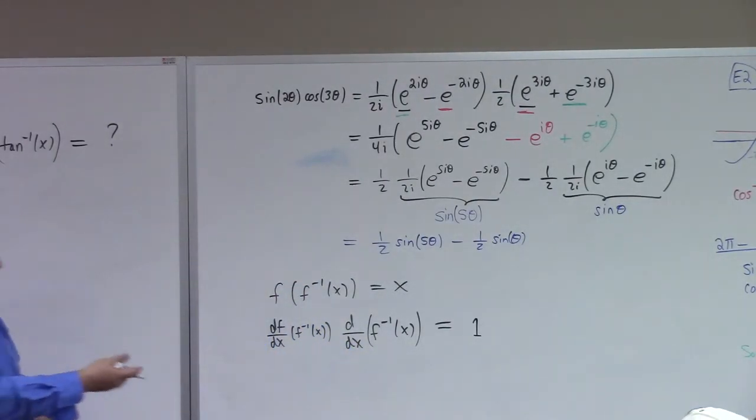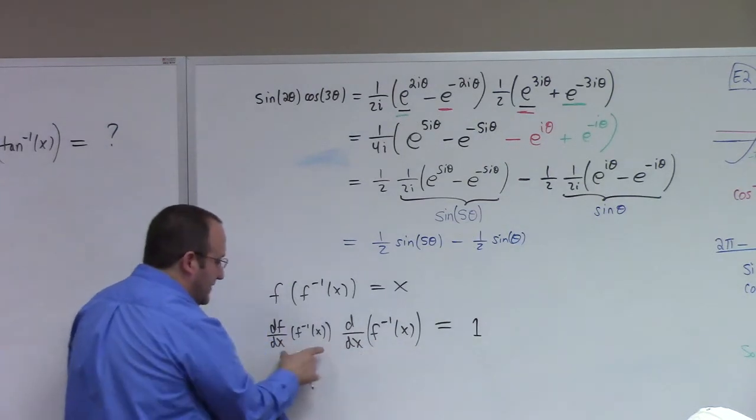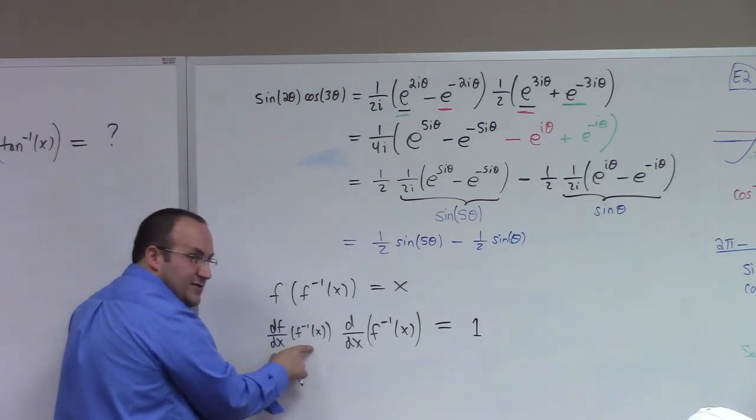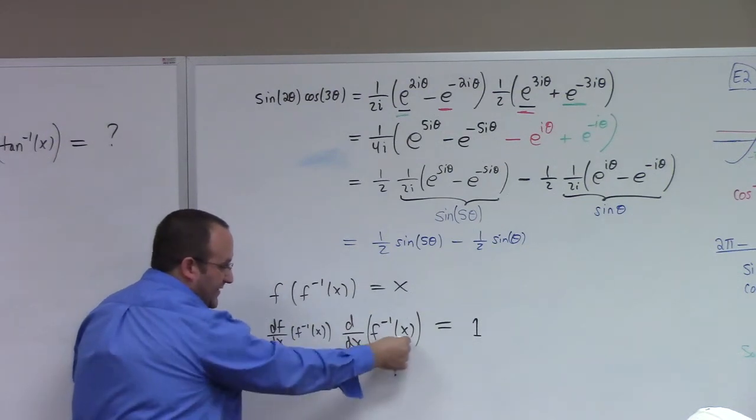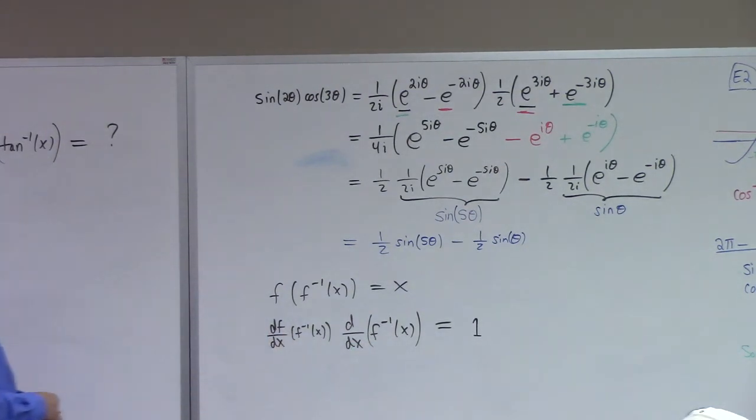On the other hand, if the inverse function is increasing, then the function must also be increasing at that corresponding value. You don't compare the same point. You compare x versus f inverse of x. But with the appropriate interpretation, yes, if a function's increasing, its inverse must also be increasing. If a function's decreasing, its inverse must also be decreasing, because the chain rule connects the derivatives like this.